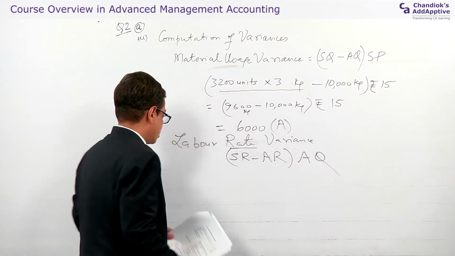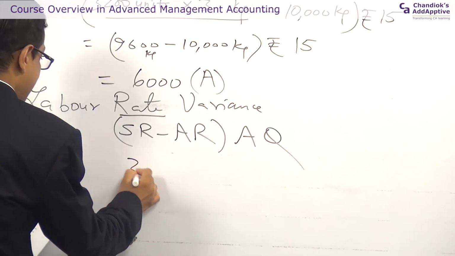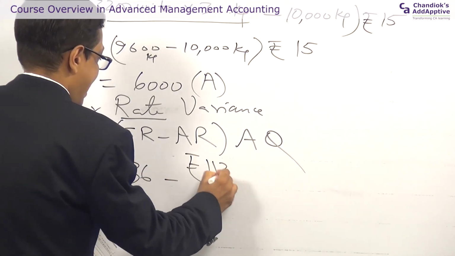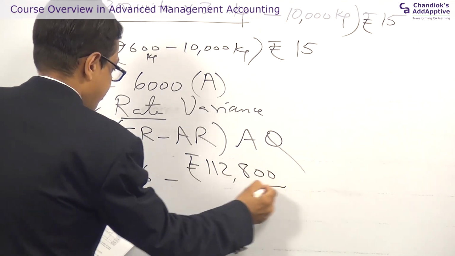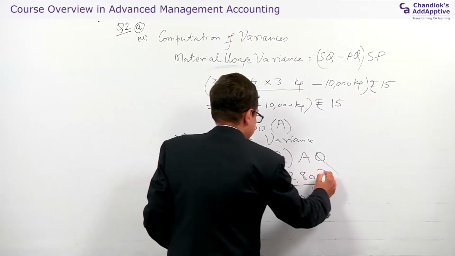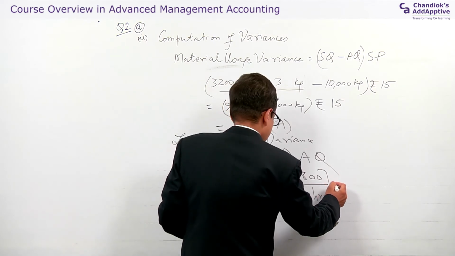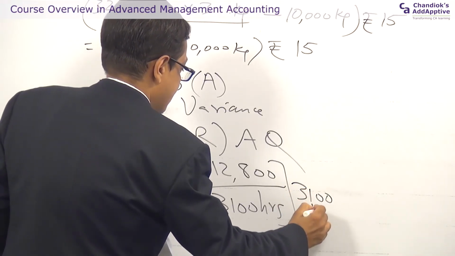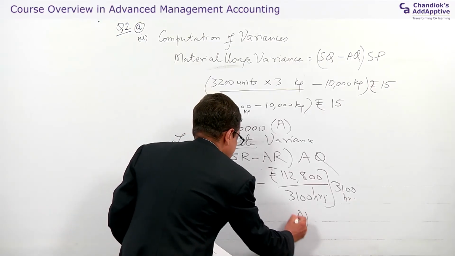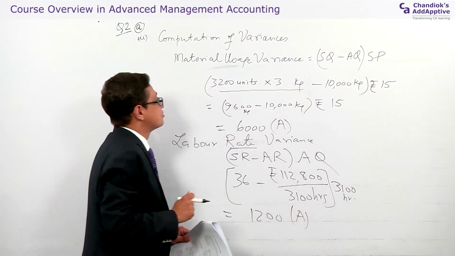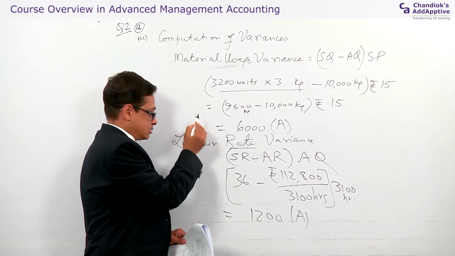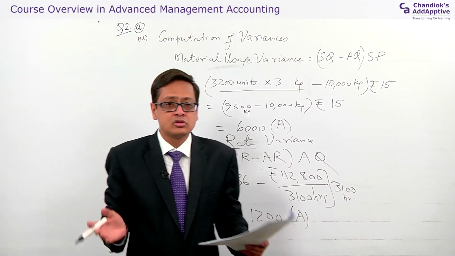So dear friend, the standard rate is 36 minus 1,12,800 divided by 3100 hours. The actual quantity is 3100 hours. So if you solve it, you get an adverse variance, and it will be 1200 adverse. So examiner has kept 2 marks for this, 2 marks for this. So this is the solution to the question.